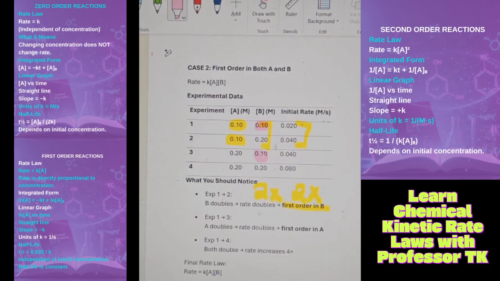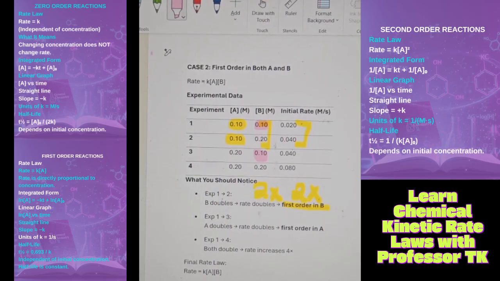I can do experiment 1 and 3, or I can do experiment 2 and 4. It doesn't matter. So I'm going to do experiment 1 and 3 so you all can see this part. Therefore, 1 and 3 here doubled. You see that? From A, it doubled, and the rate also doubled. So that's why A is first order.